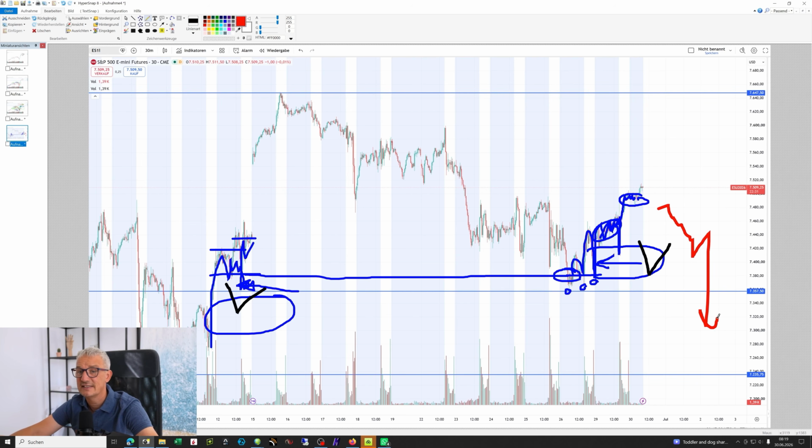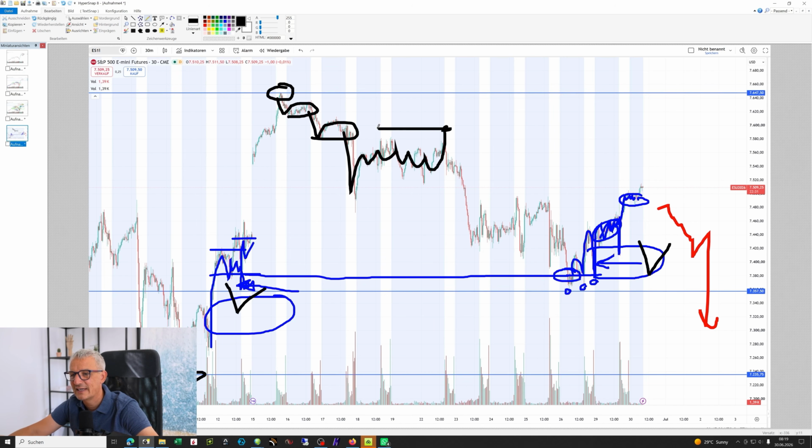If they're untested, they're great price ranges where you can assume the market will carry out a corresponding reaction. And I always have to say, for me, for example, up here where I've located where the last high is, where the last low is, it's incredibly important where the last sideways phase was, which, and here comes the crucial part, hadn't been tested yet, and that is here.